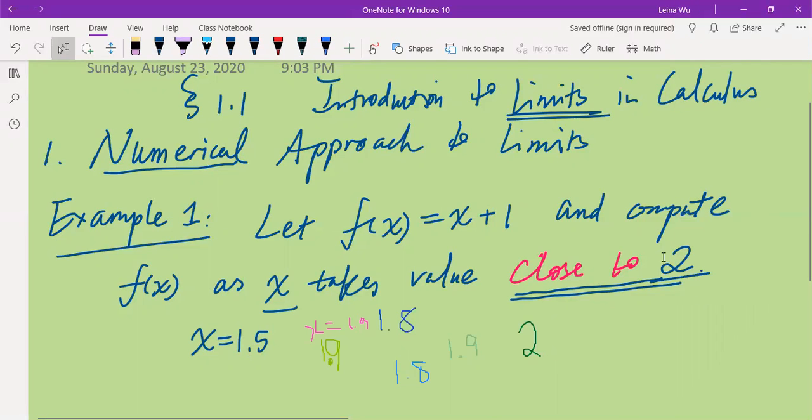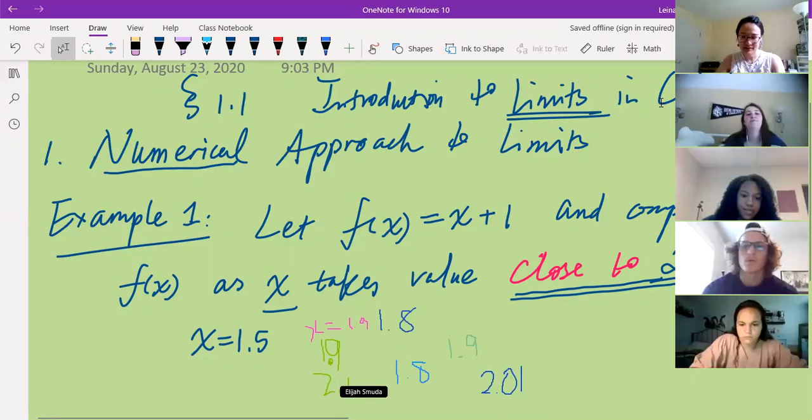Very good. Any other value? It looks like you all picked a value that is less than 2. Can I find a value that is close to 2 but greater than 2? Okay. 2.01, very good. 2.1, good. Any other thoughts?